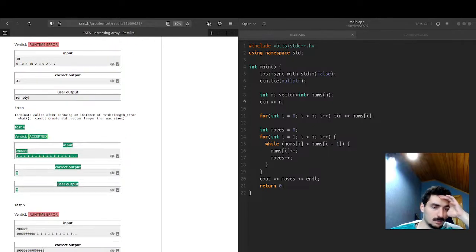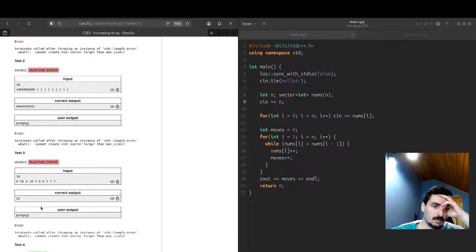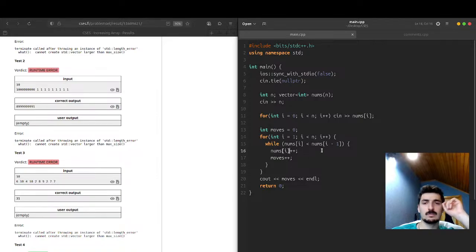What the hell? We had a 200,000 element array and no problem, and we had a problem with 10 elements. That's not good.